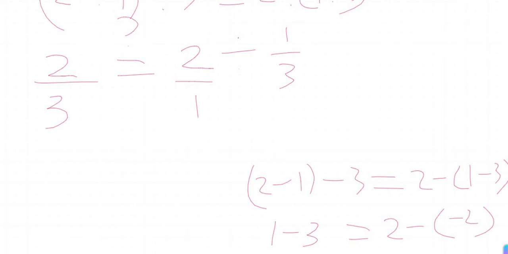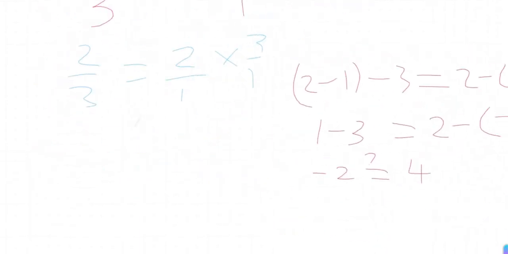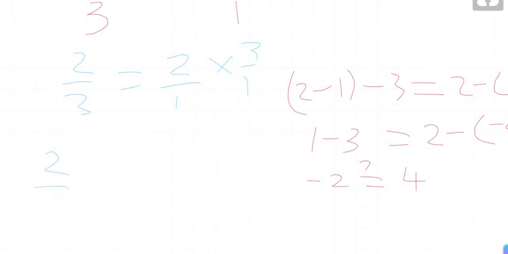So we write this back, 2/3 is equal to, keep the first fraction, which would be 1/2, then we change the sign, and find the reciprocal of the last fraction. So we have 3/1, which finally would be 2 times 3, equal to 6. And this is not true.